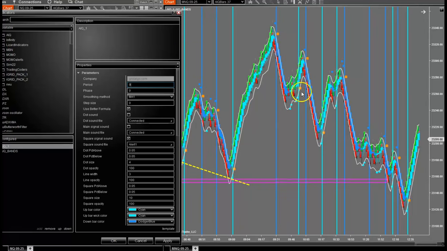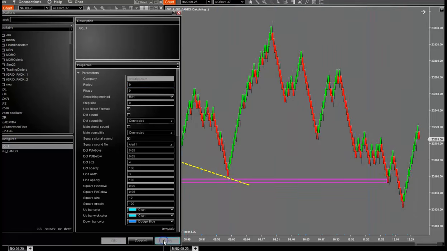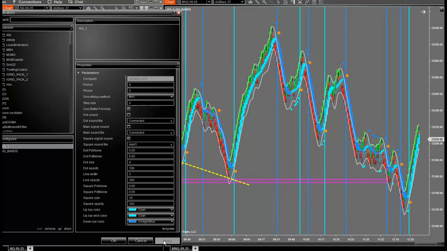So what'll happen is some of the signals will disappear, but you're kind of lagging, in a sense, the responsiveness of the way that the indicator is reading price. And there you go. So still, not bad entry points, even if you lag things a bit.